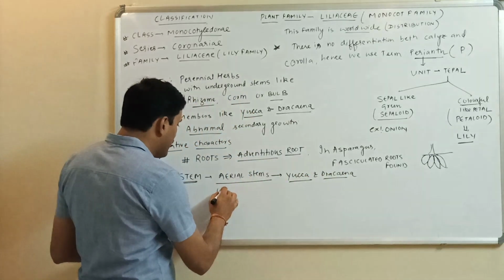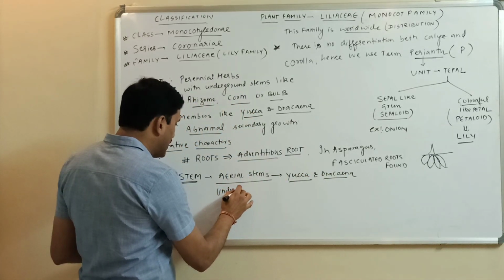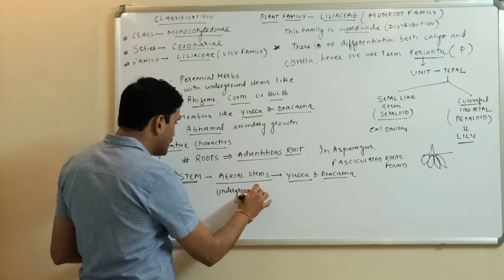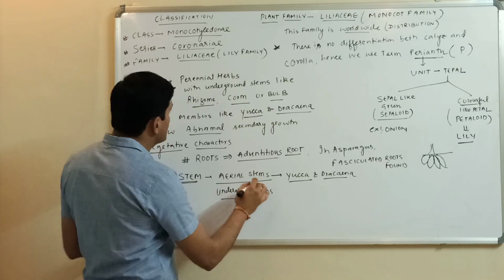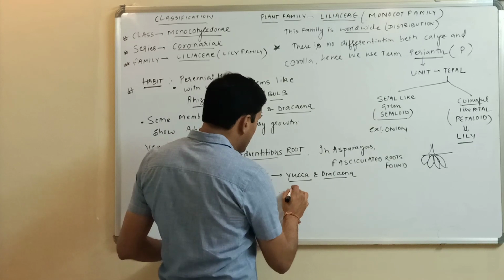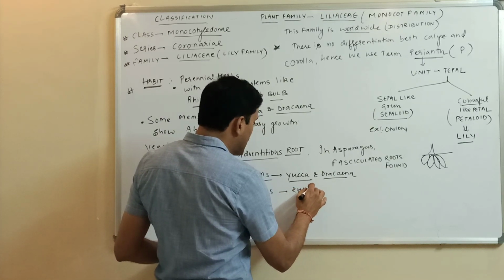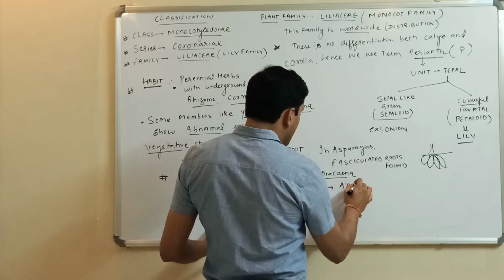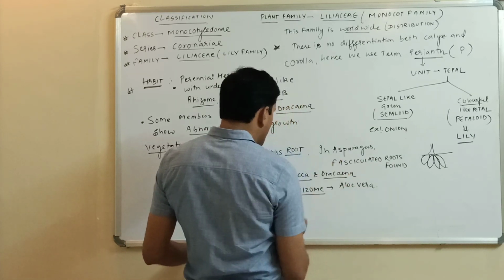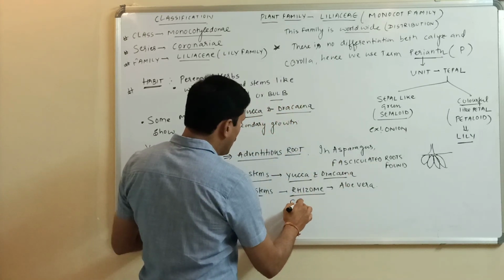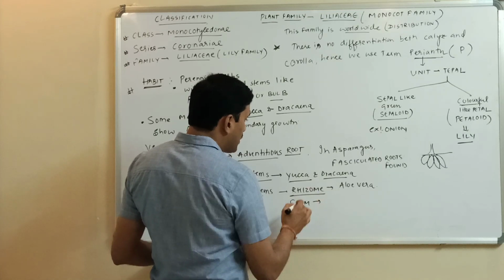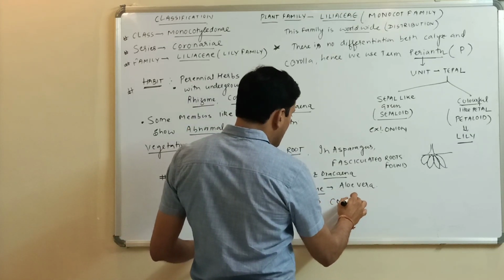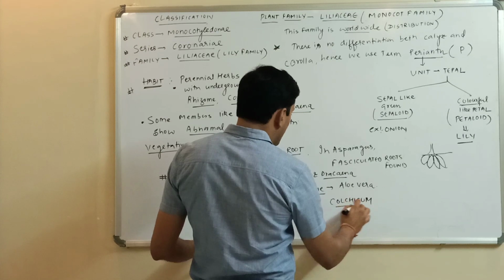Now, they also have many underground stems. They have many types of underground stem, just now I have talked about. Say for example, it has a type of underground stem known as the rhizome. So the best example of rhizome is aloe vera. The another one is the corm. The best example of corm is colchicum.